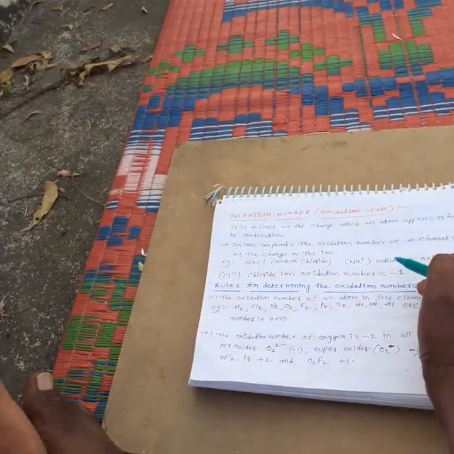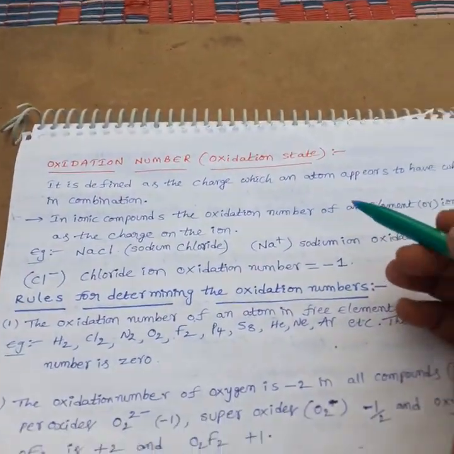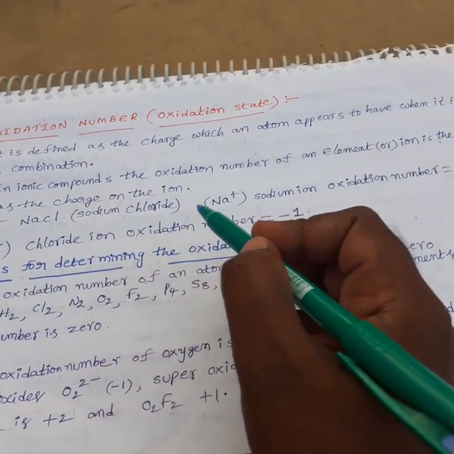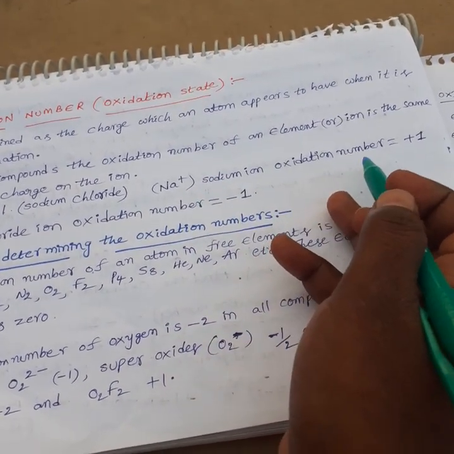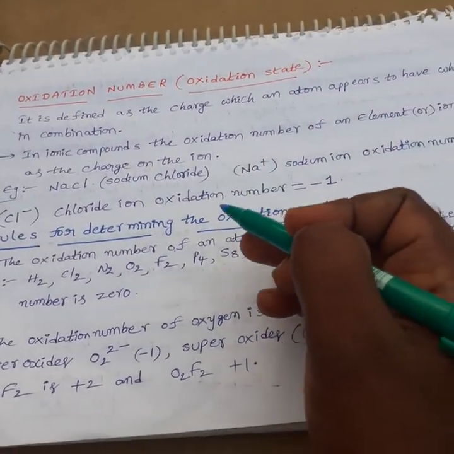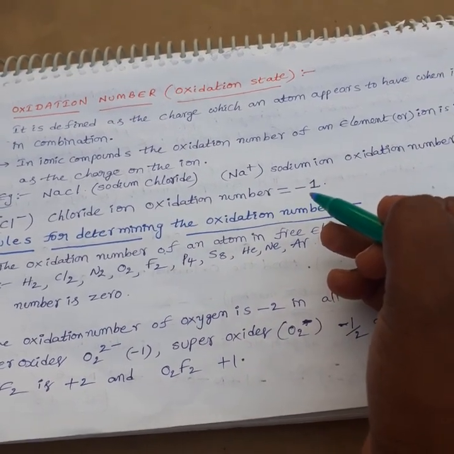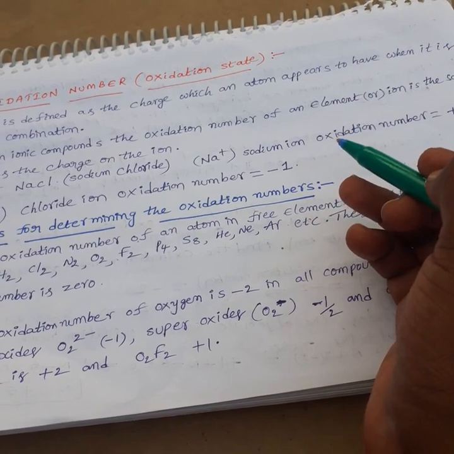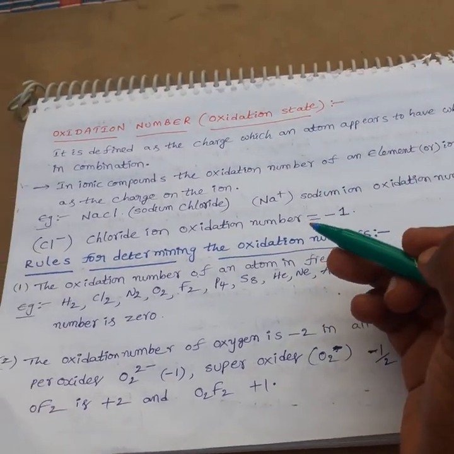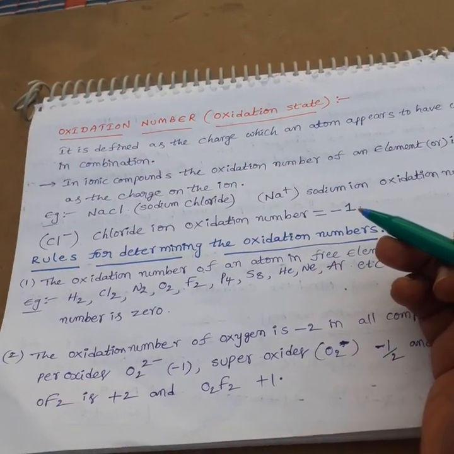Take sodium chloride: in the sodium chloride molecule, the sodium ion oxidation number is +1 and the chloride ion oxidation number is -1.